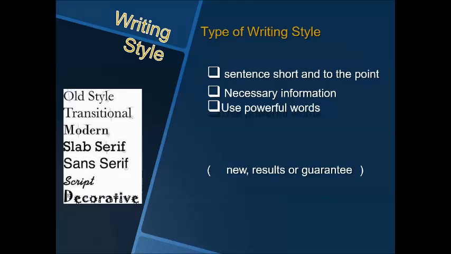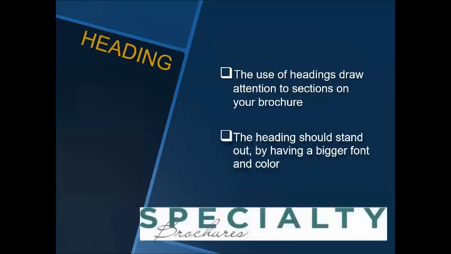So the readability of the text inside your brochure should also be taken into consideration. Don't choose a dark background and then choose a font color which is also dark. So it must complement. So the heading, for example, draws attention to sections of your brochure. The heading should stand out by having a bigger font and color. This one is usually your company brand or your logo.